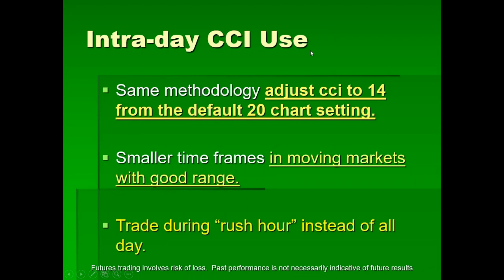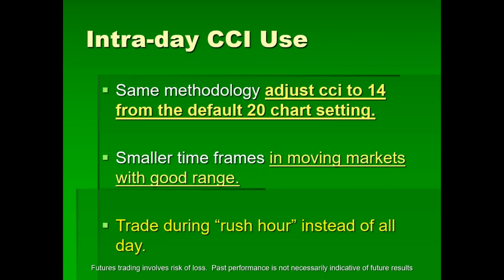So your platform is going to have a default setting of 20. For day trading, you're going to adjust this to 14. And I don't really advise that you say, well, if 14 is good, 10's got to be better. If 10's good, I'll go down to 2. There is such a thing as analysis paralysis, honestly.